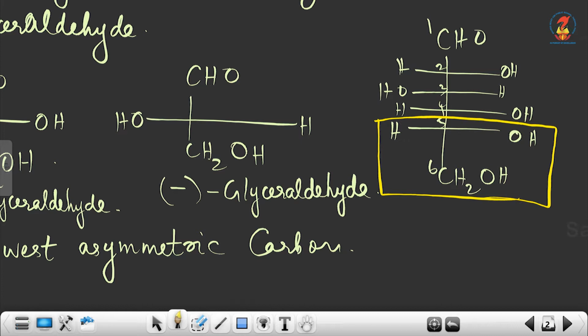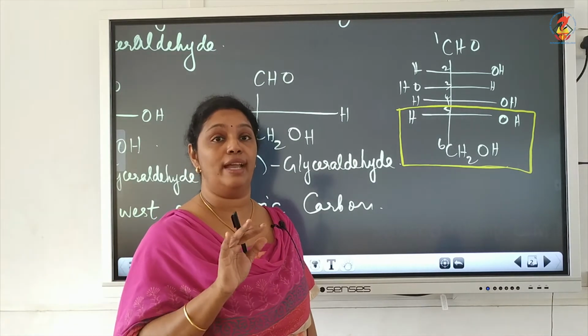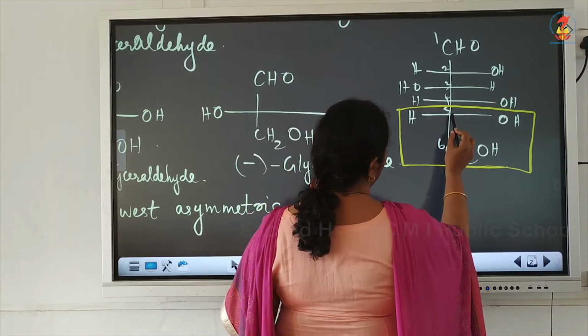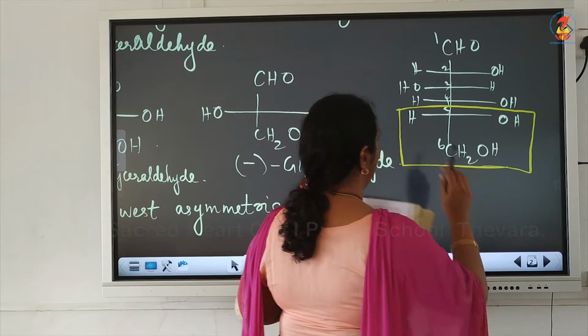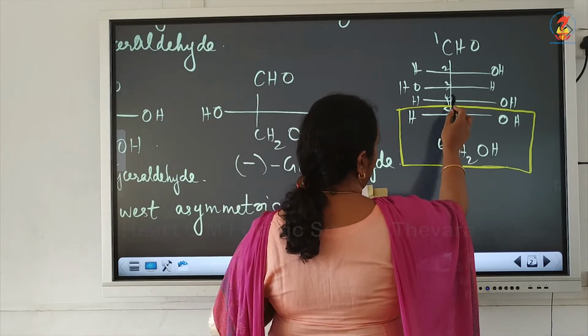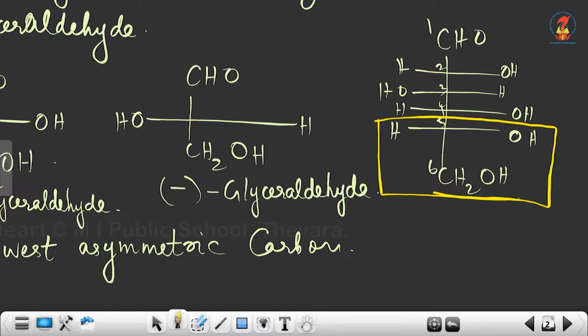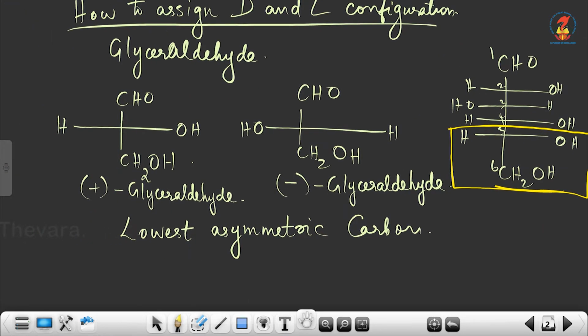Asymmetric carbon means the carbon to which the 4 valencies attached are different. The 4 groups attached to the carbon are different. You can see this is the lowest asymmetric carbon atom, carbon number 5. It has hydrogen, an OH group, one valence satisfied by the CHOH group and one by the CH2OH group. So you compare this with the structures of glyceraldehyde.